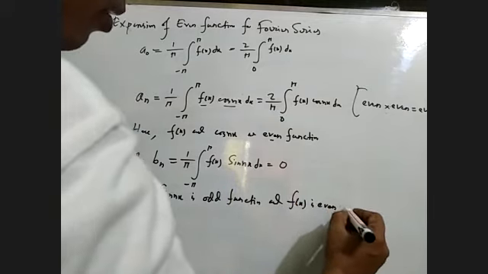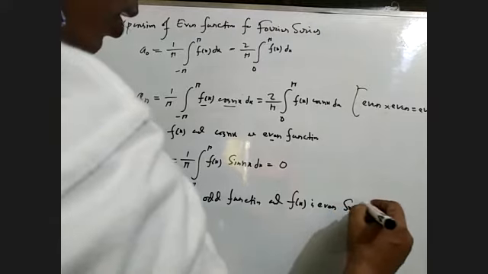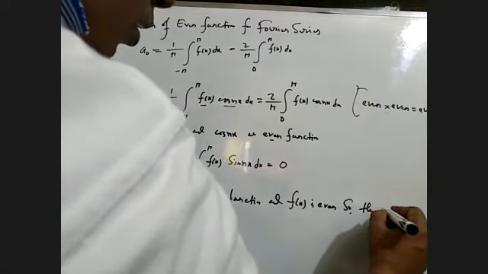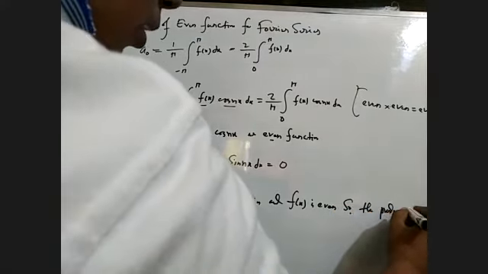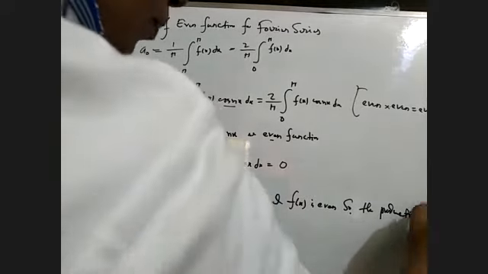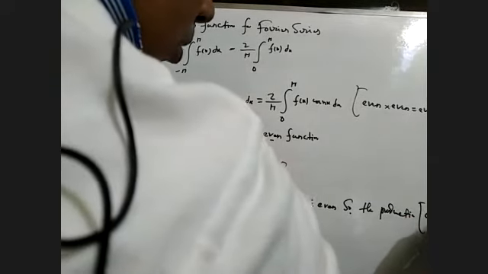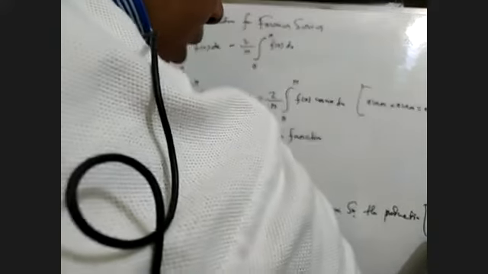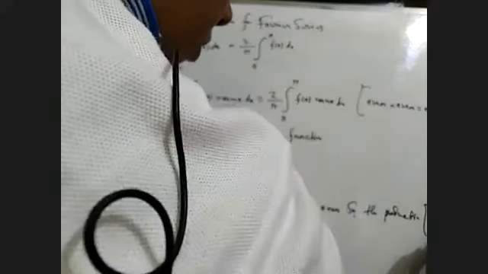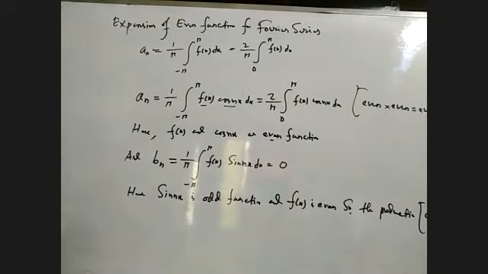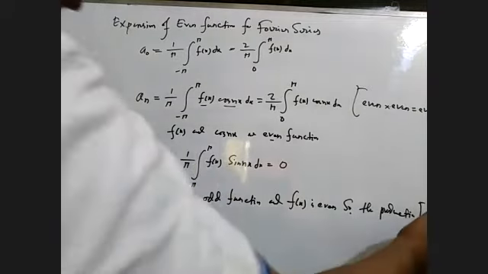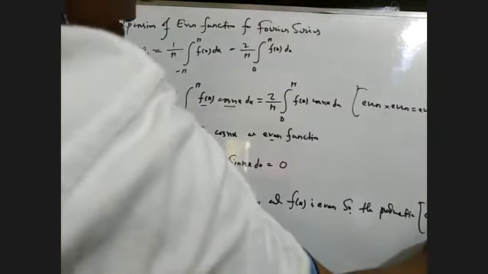Even. So the product will be what? That means odd multiply even. What will be? Odd multiply even equals to odd.